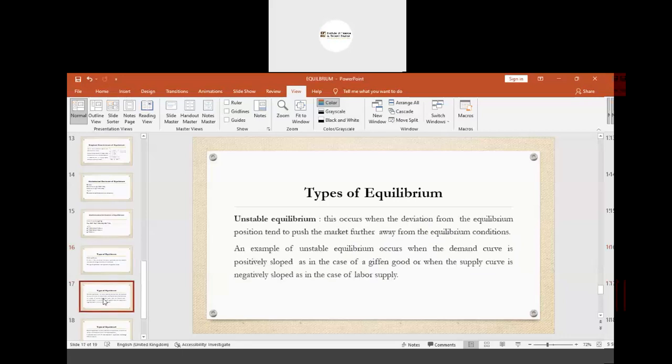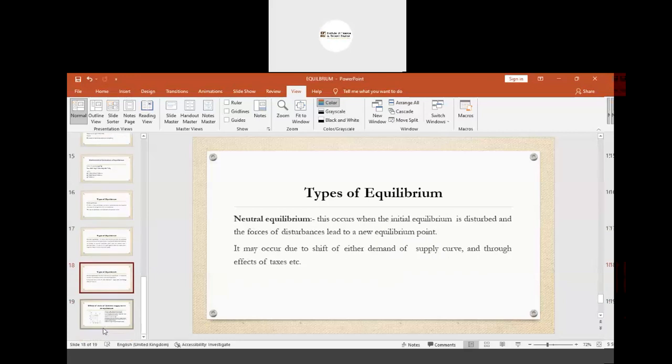It could be unstable if any deviations from it set up forces that push us further and further away from it. Examples of unstable equilibrium are the case of the exceptional demand curve and exceptional supply curve, which we looked at in other videos.